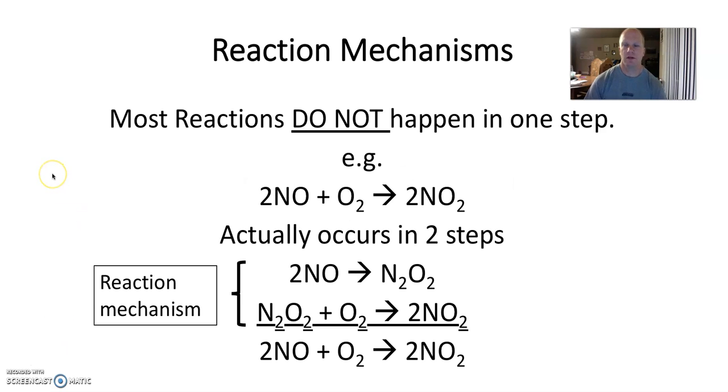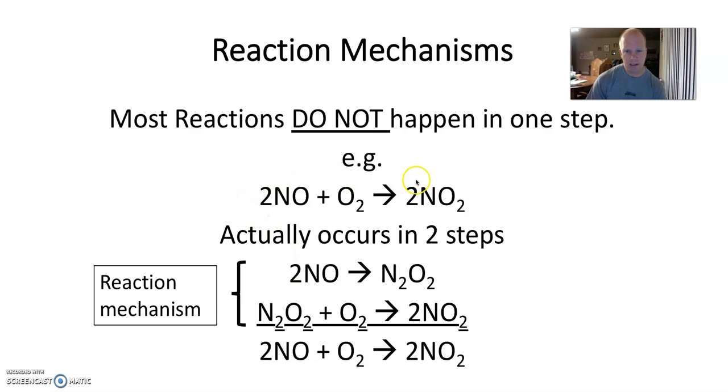So the first thing I want to talk about is reaction mechanisms. We need to understand that most reactions don't happen in just one quick step. They usually occur in two or sometimes more steps, but more often it's two.